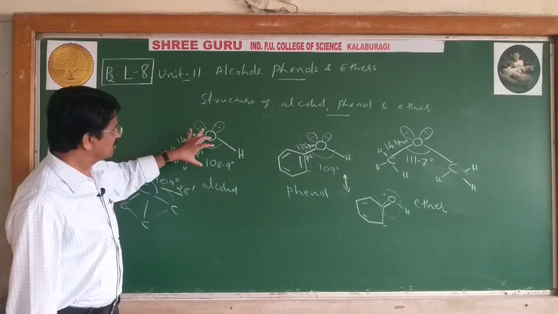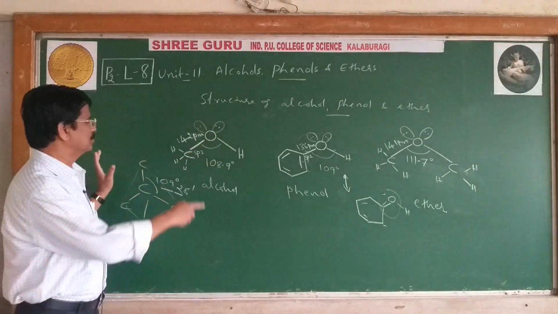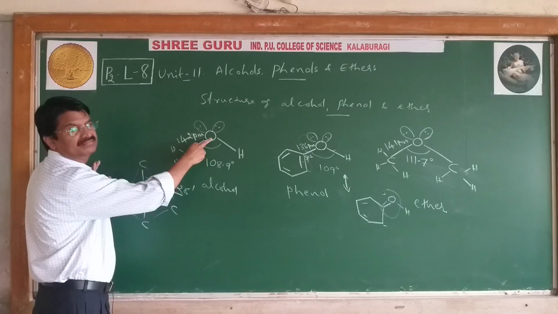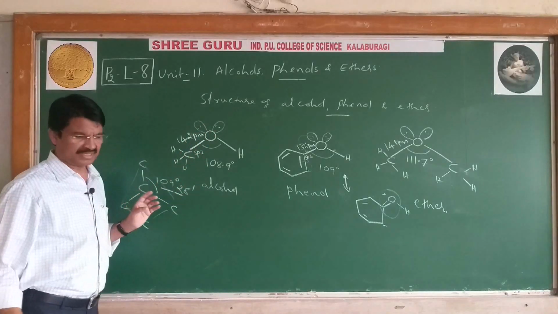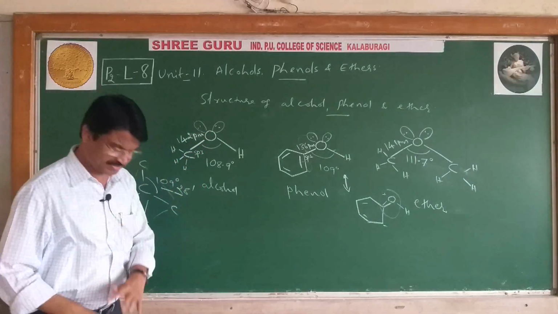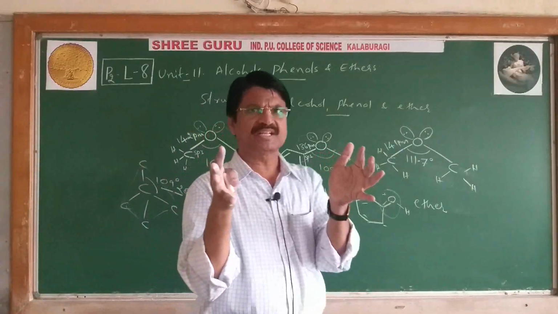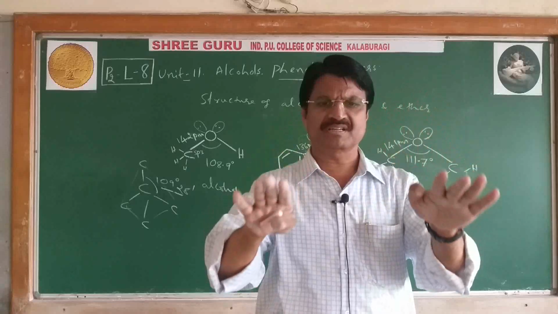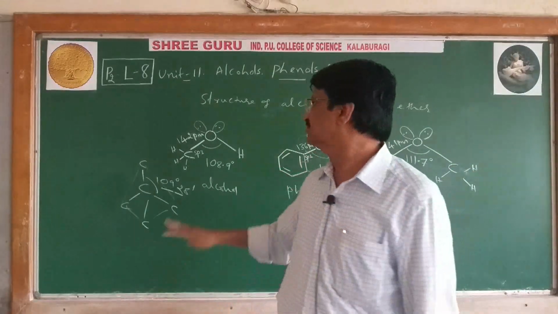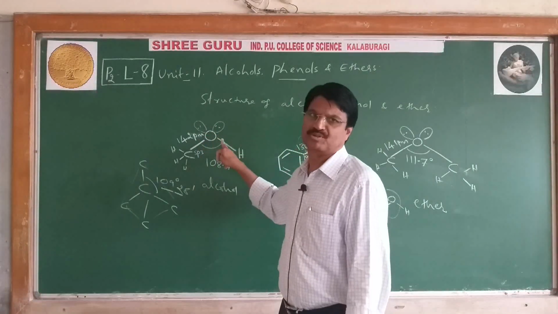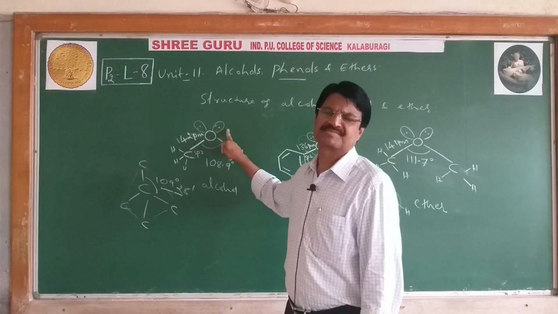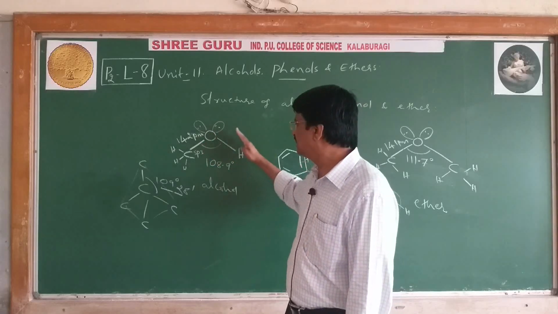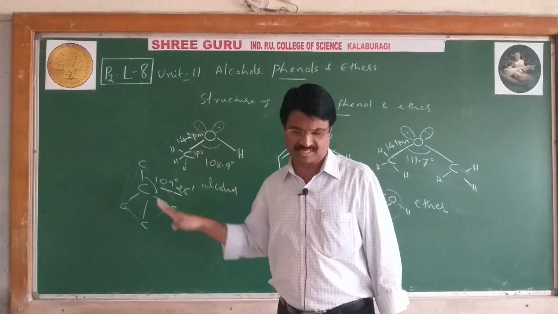Now think why slightly less value. Because lone pairs on oxygen have repulsive interactions. If the lone pairs are nearer and they exert some repulsive force, then bond angle decreases. Therefore, because of repulsive interactions of lone pairs of electrons on oxygen, the value slightly decreases.